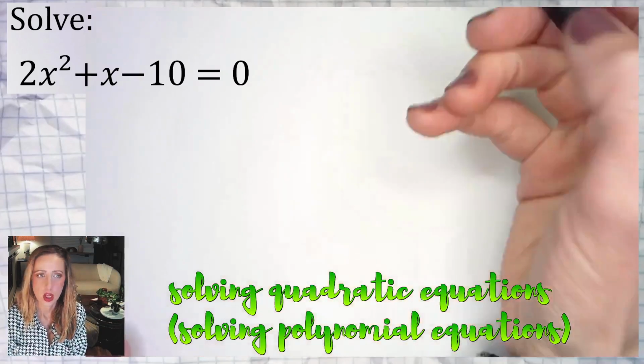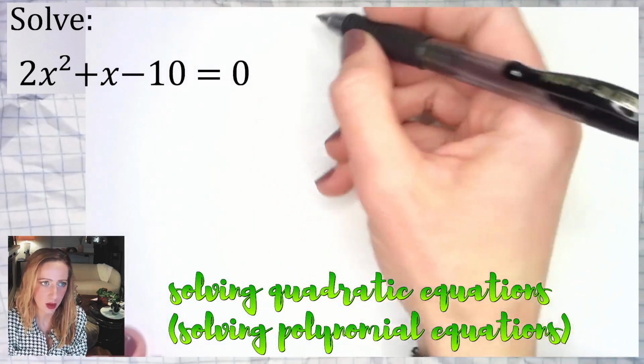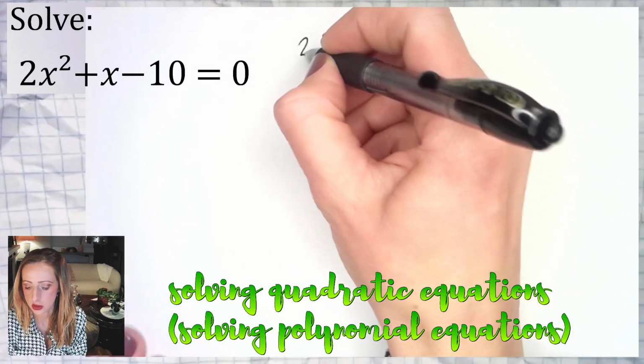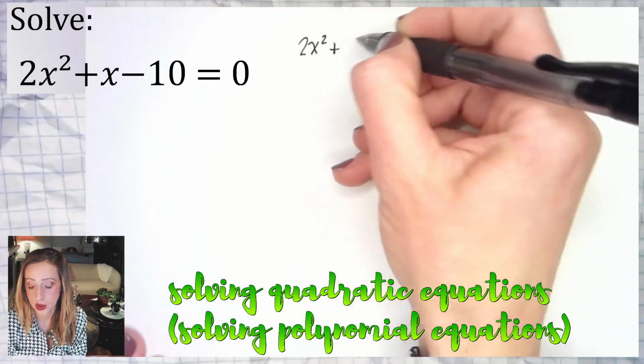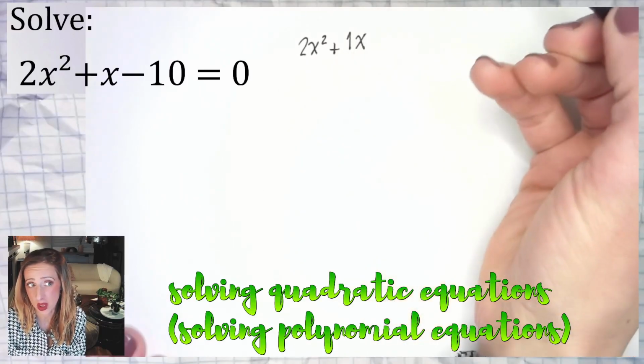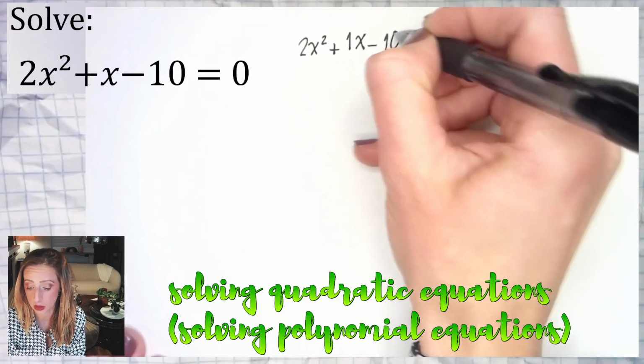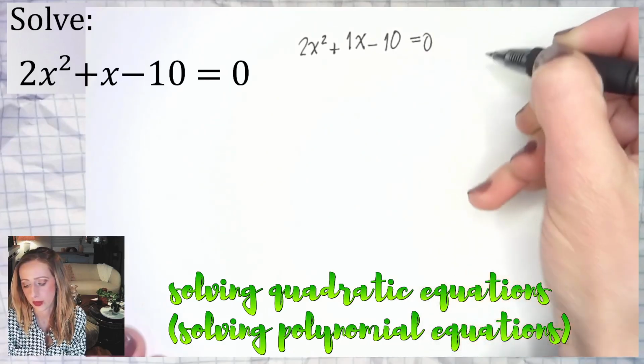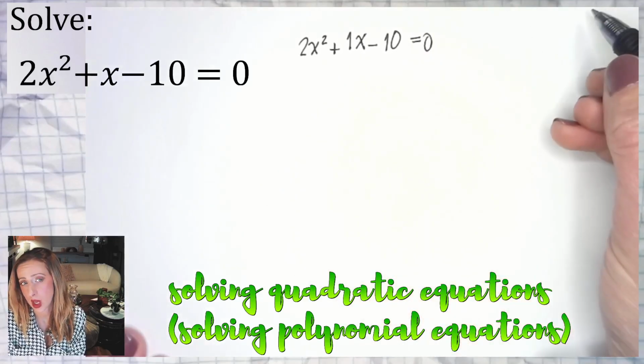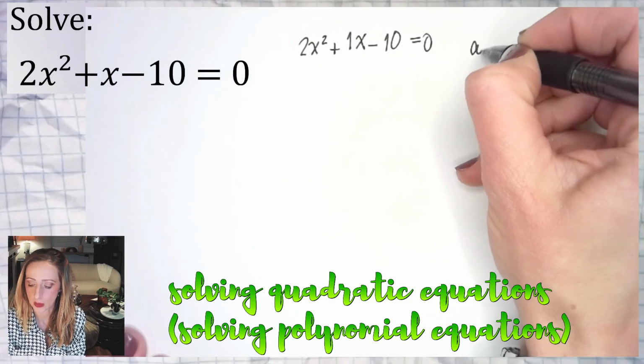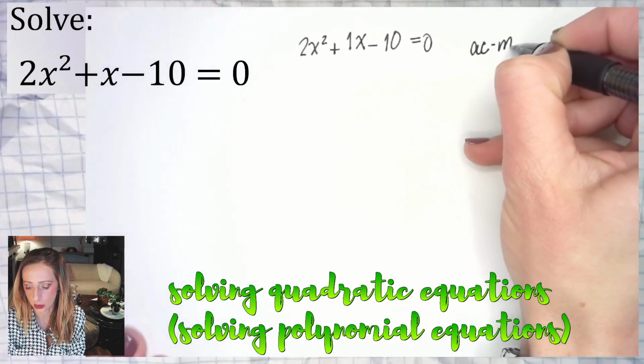So let's go. First thing we have is our problem here, 2x squared plus x, which is really a 1x. So if you want to write the 1, I guess you can. I don't normally do, equals 0. The factoring method I would use on an example like this one is what we call the AC method with grouping.